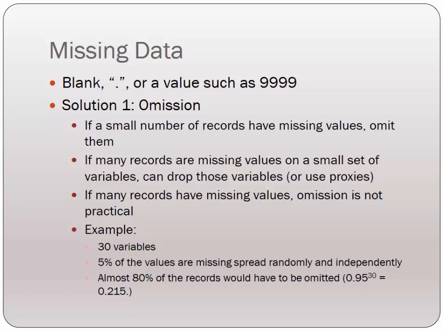So 95% times 95% for the second column times 95% for the third column, on to 30 columns, and the probability of all of them not missing is 21.5%. So close to 80% of the observations you'll throw out.